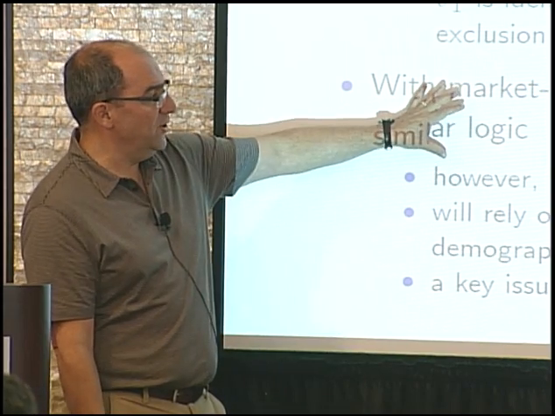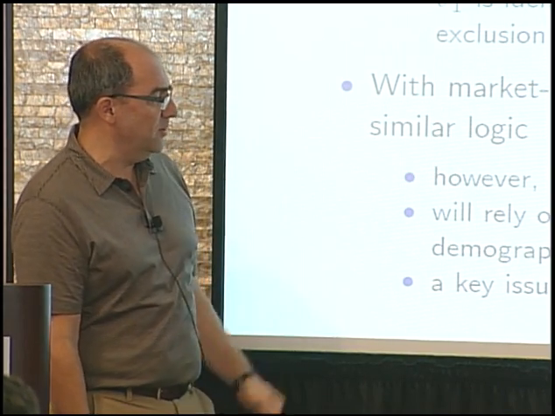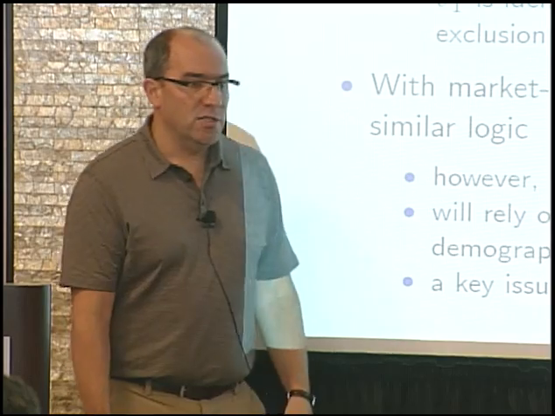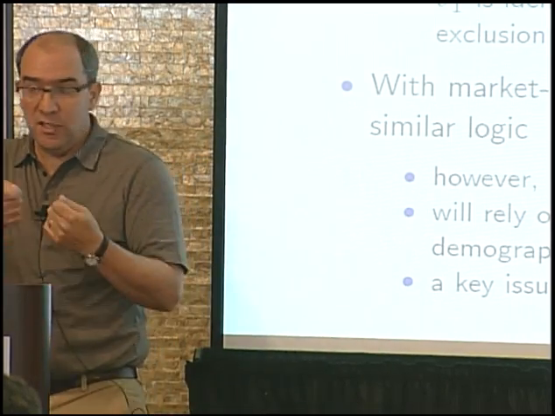So with market level data, we're going to follow a very similar logic. We follow these two steps: first recover the mean utility, the fixed effect here, and then project that onto the x's and the p's. The only difference is we're not going to have the within-market variation in the choice probabilities, because all we get to observe is a single market share, which you can think of as the average choice probability.